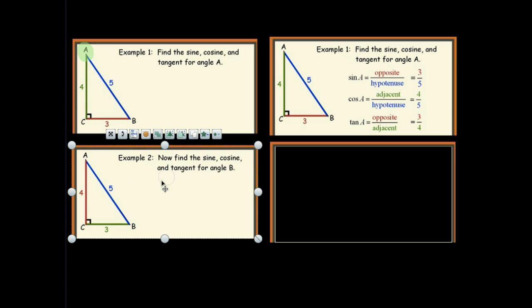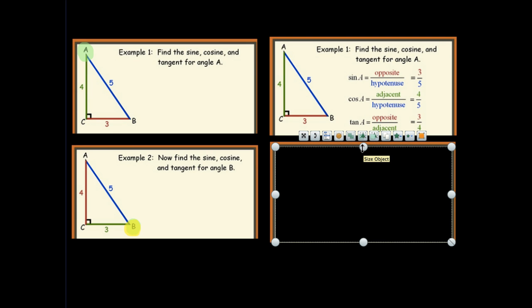Now in example 2, we are coming from angle B. So we're coming from a different reference point. For angle B, we want to go ahead and find the sine, the cosine, and the tangent as well. In example 2, pause your video and see if you can determine those three trigonometric ratios.